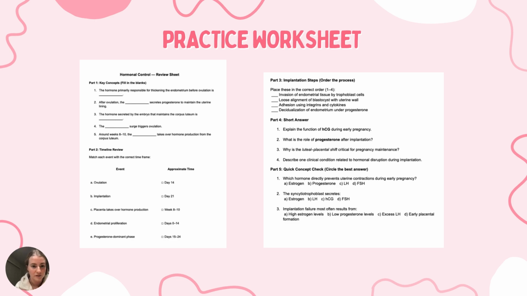The first part goes over key concepts, and part 2 goes over the timeline review of the menstrual cycle, ovulation cycle, and uterine cycle. Part 3 talks about the steps of implantation of a fertilized egg. Part 4 is just a short answer. And part 5 is a quick concept check with multiple choice answers.